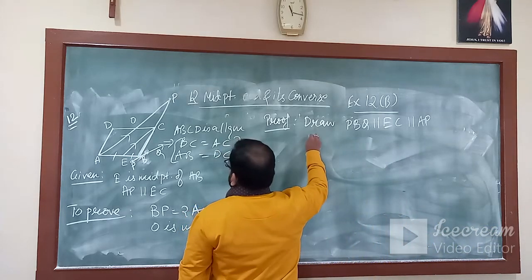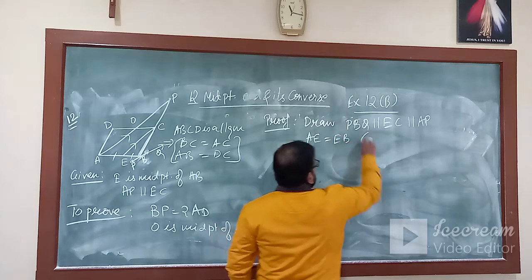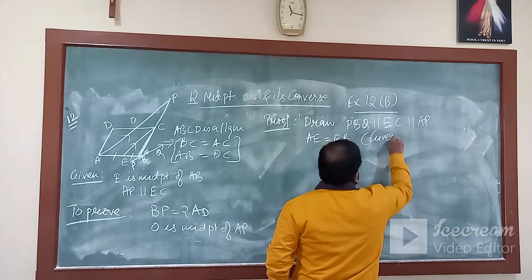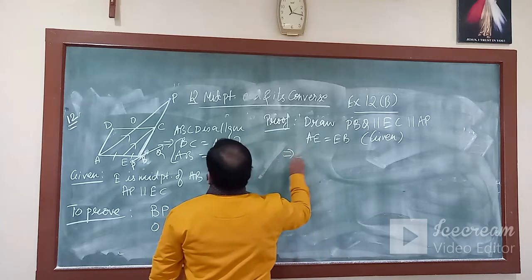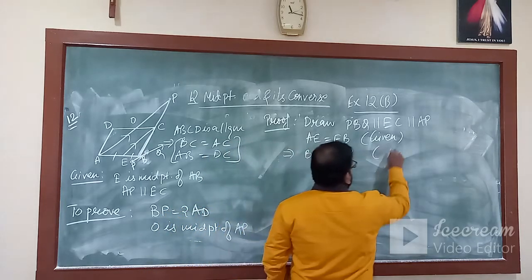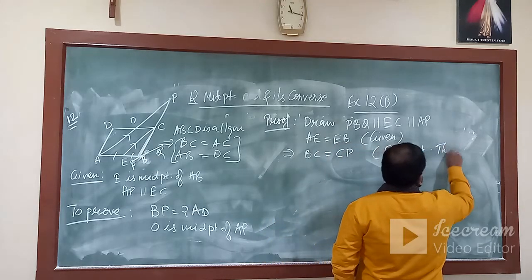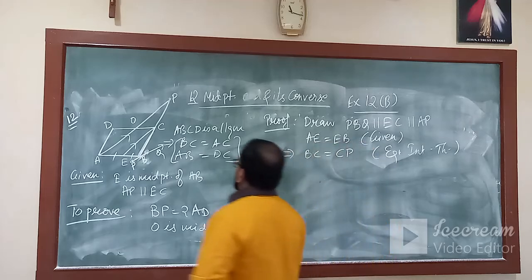What is given? AE equal to EB. This is given. So we can say that BC will be equal to CP by equal intercept theorem. Okay, this we have just discussed.